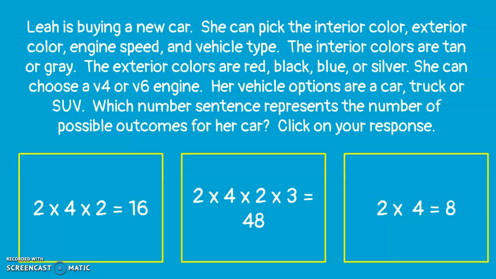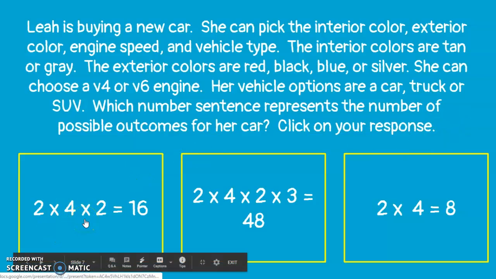That's 3. So remember, for the multiplication counting principle, we actually multiply all those numbers together. 2 times 4 times 2 times 3 equals 48. There were 4 options, so we don't want to choose this first one because there were only 3 events in this. The last one here was only 2 events.